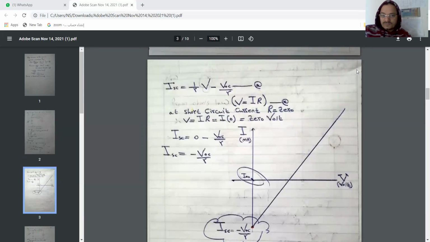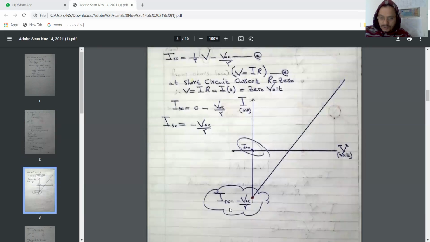Here let's calculate the I short circuit. That means this point on this line, on this diagram between current and voltage. Here we are dealing with negative results, under this I equals 0.